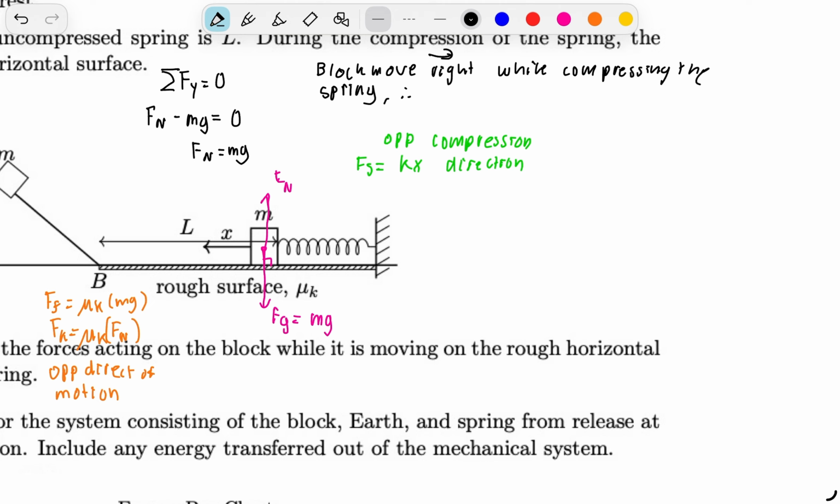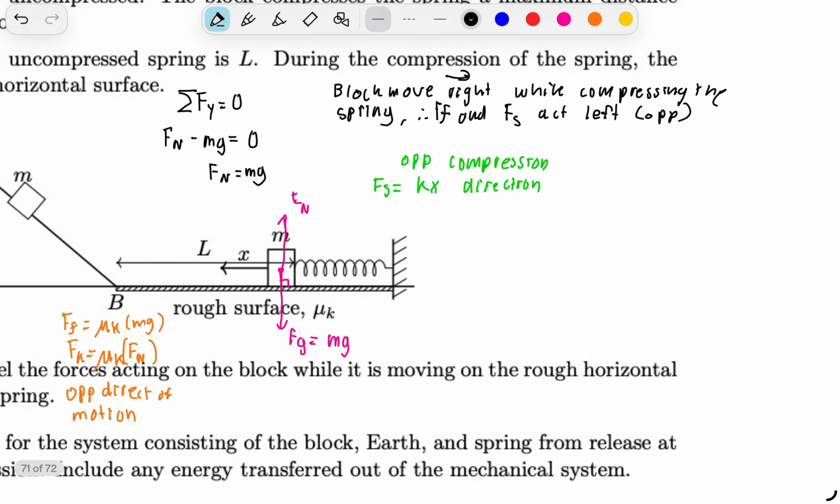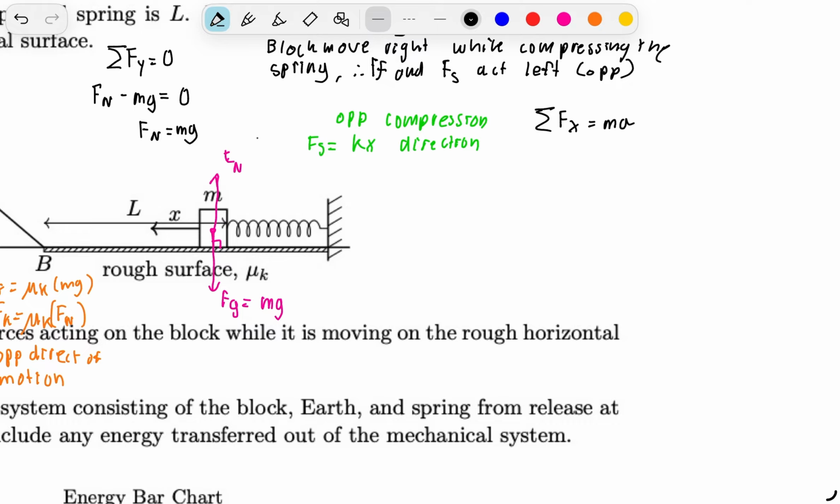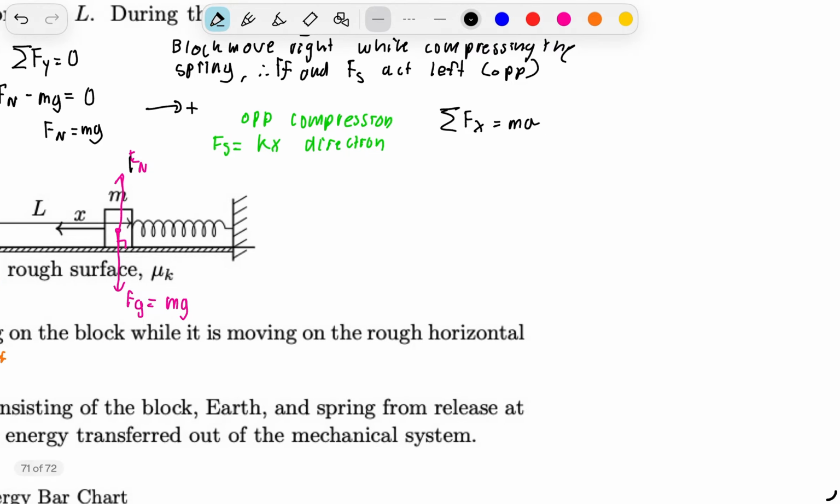That means that the force of friction and our force from our spring are going to act towards the left, because they are going to be opposite. So that means that in our horizontal direction, we can say the summation of our forces is equal to mass times acceleration. We're going to make our right side positive since this is the direction of our acceleration or movement.